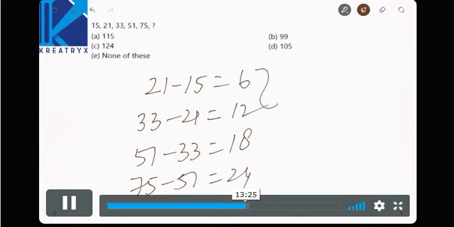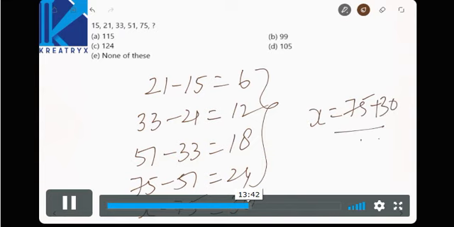Observe the differences, they are in the 6 table. So the next difference must be 30. So x minus 75 must be 30. So x must be 75 plus 30. That is nothing but 105. Right. Next one.